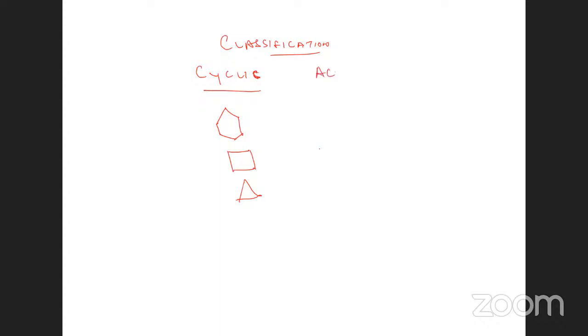If you say acyclic, then there are no rings, there are always chains. They could be branched or non-branched, but they're chains, so direct carbon, maybe, but they are not making any rings, no rings.